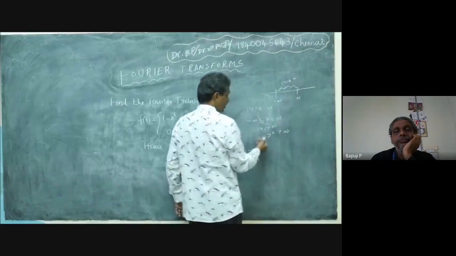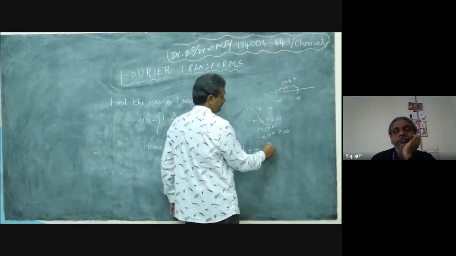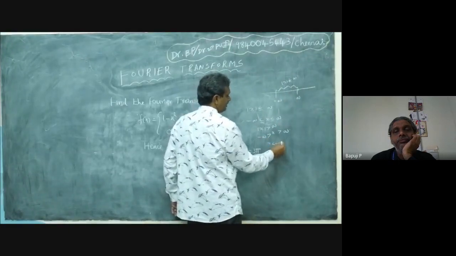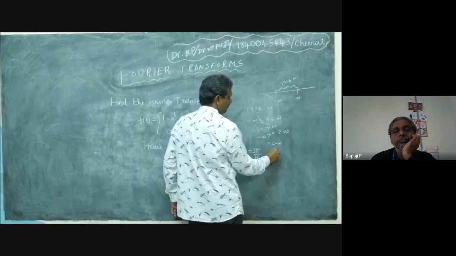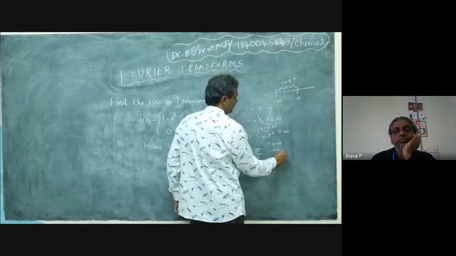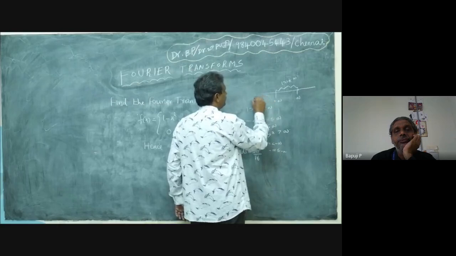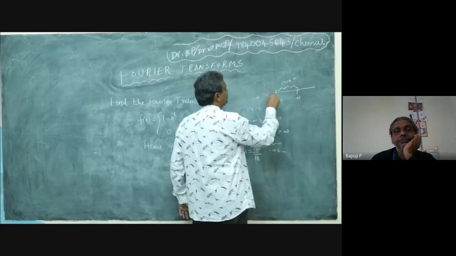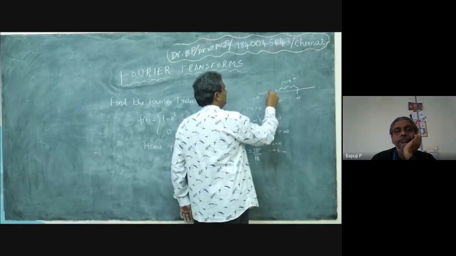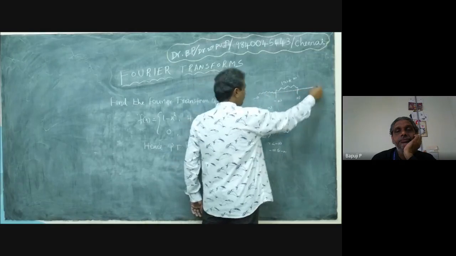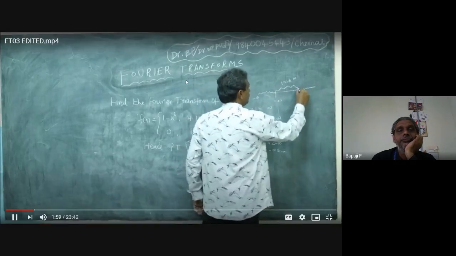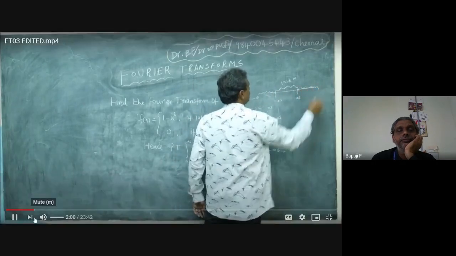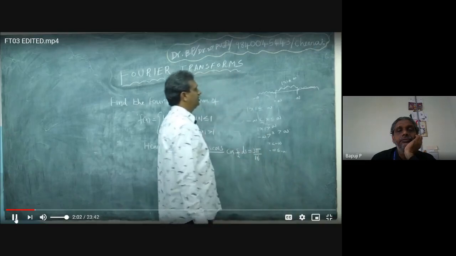Suppose mod x greater than a means x less than minus a. Minus a means minus infinity to minus a. So this part minus infinity to minus a will come, and a to infinity. X greater than a means a to infinity.